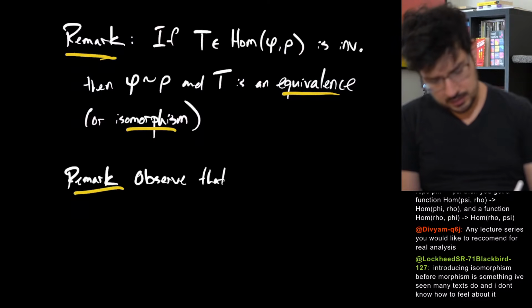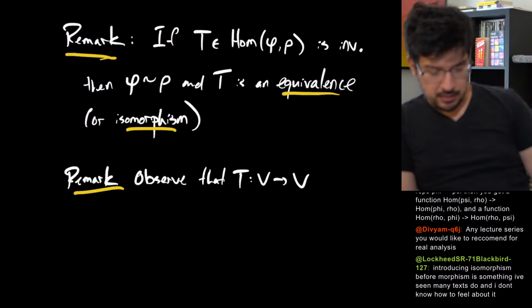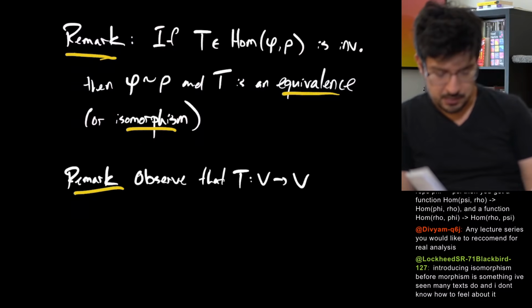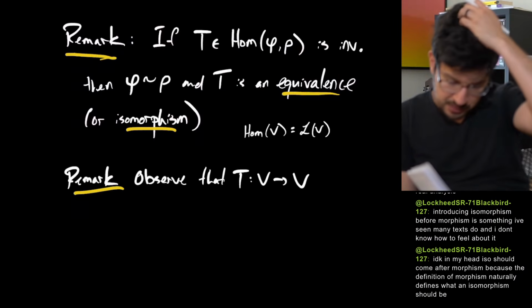Observe that if the transformation is of a vector space into itself, W equals V, then we're talking about Hom V into itself, which is the same as, like Axler uses this notation of L(V).